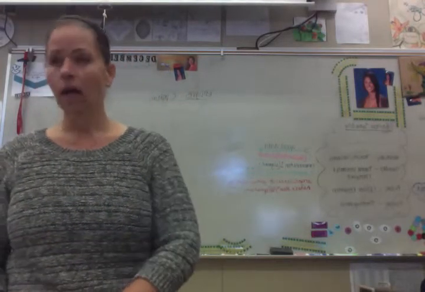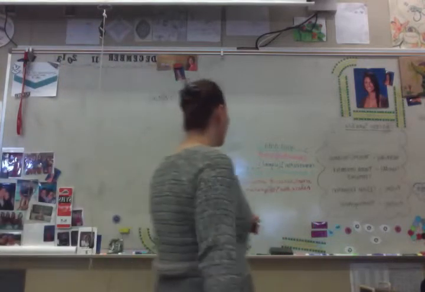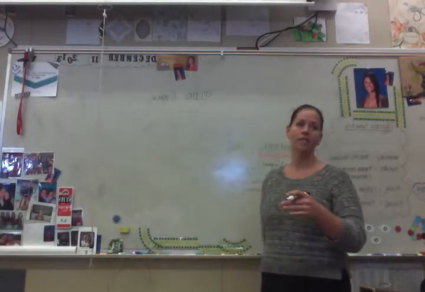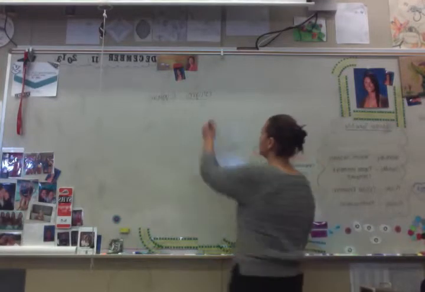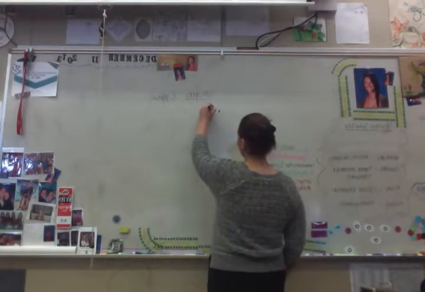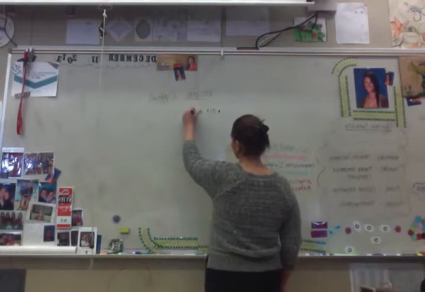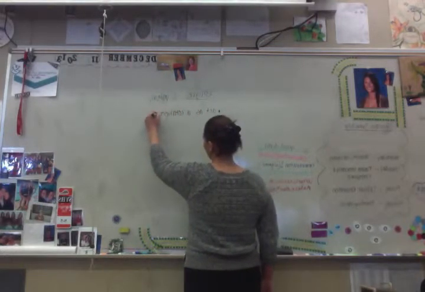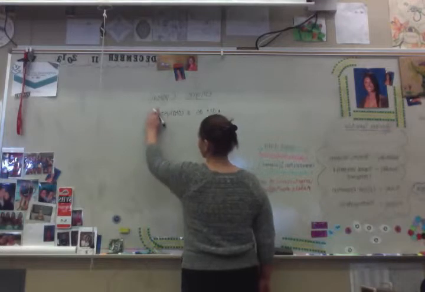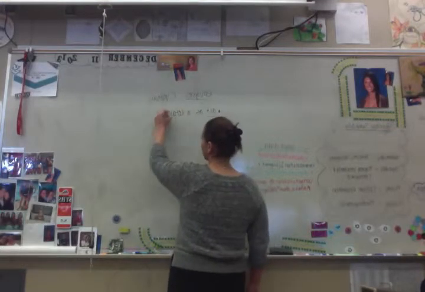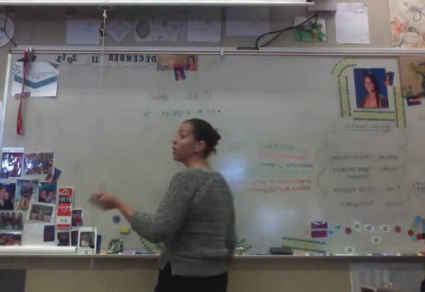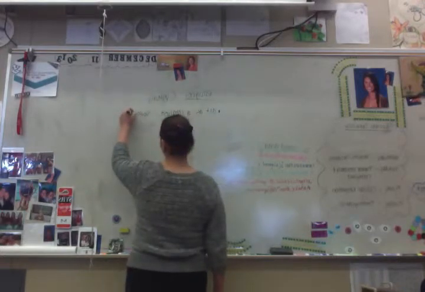Enzymes, the first thing that we need to talk about, so we can say what they are and then we'll talk about some stuff that's important for them. So enzymes are proteins that act as a catalyst. And that means that they do what? Speed up a reaction. They speed up the reaction by lowering the activation energy.